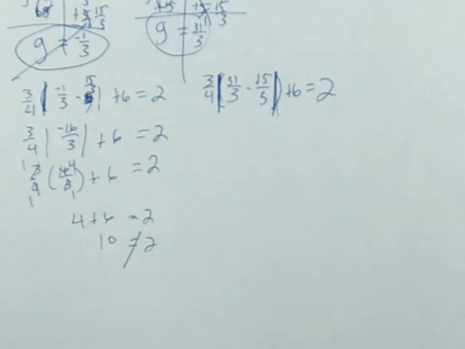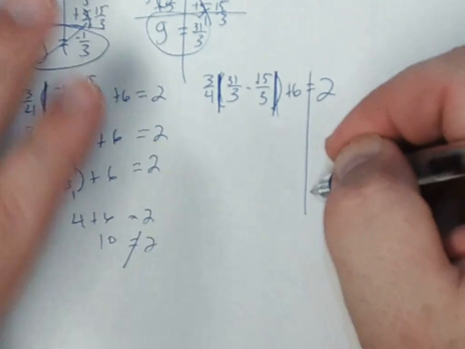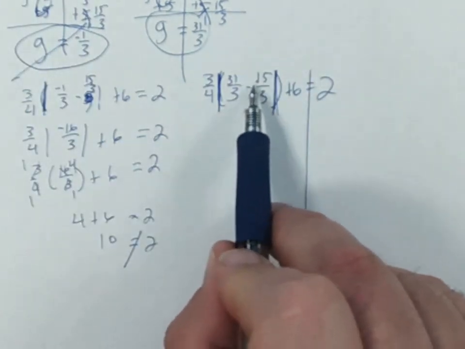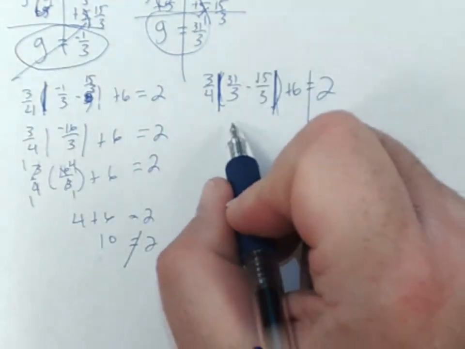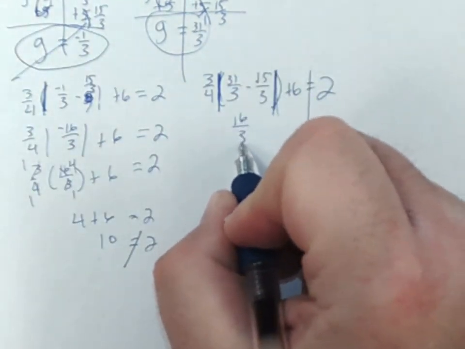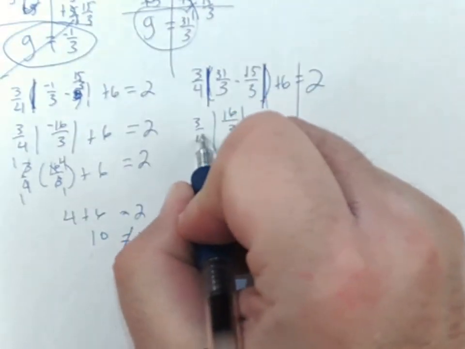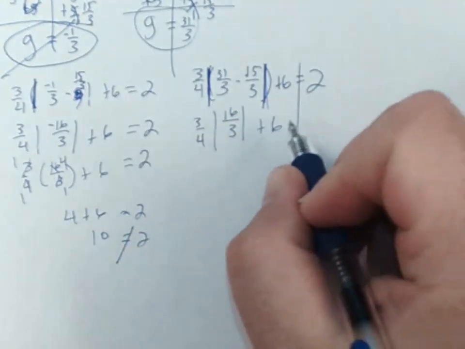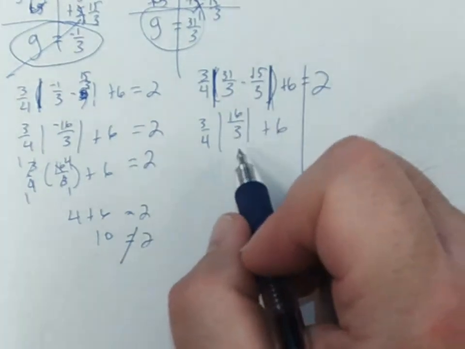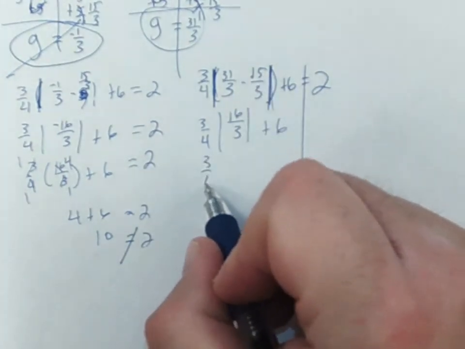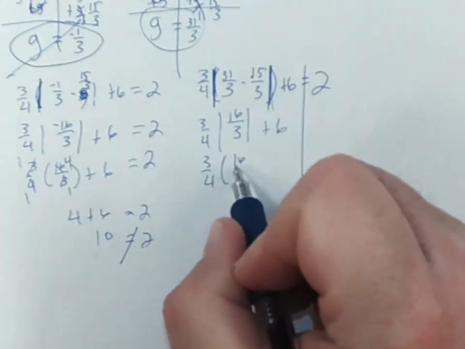You are following PEMDAS on each side separately. So I'm going to deal with 31 thirds minus 15 thirds. That would be 16 thirds. And I'm going to take the absolute value of that, multiply by 3 fourths, and add 6. Let's see. The absolute value of 16 thirds is 16 thirds.